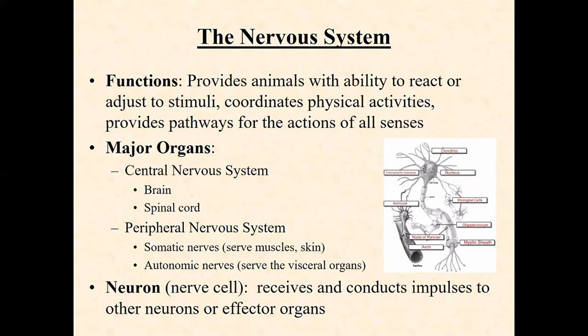And so this is a picture of neurons, which are nerve cells, and they receive and conduct impulses to other neurons or effector organs. So essentially, your spinal cord is the encasing around your nervous system.